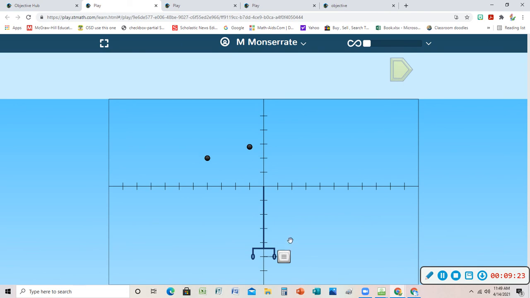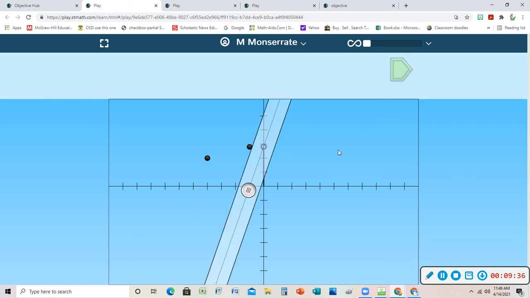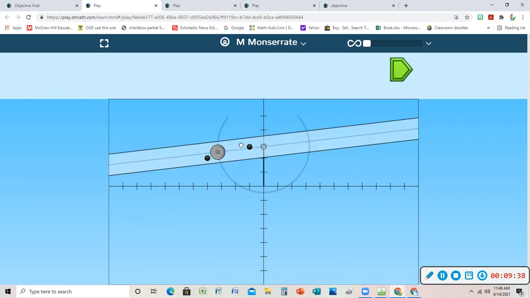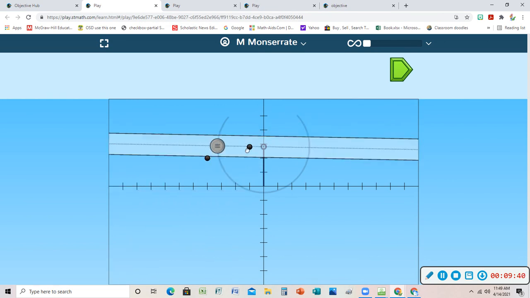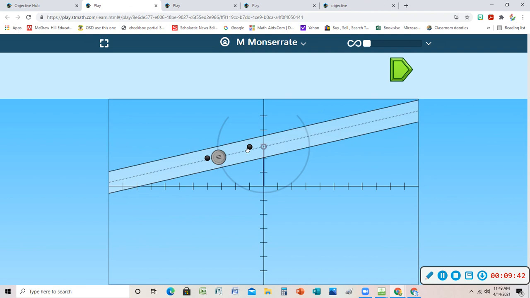So I'm going to go up to that first one right here. And then I'll twist this one. Try and get them on the same line.